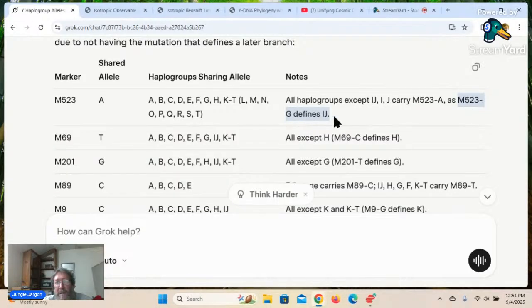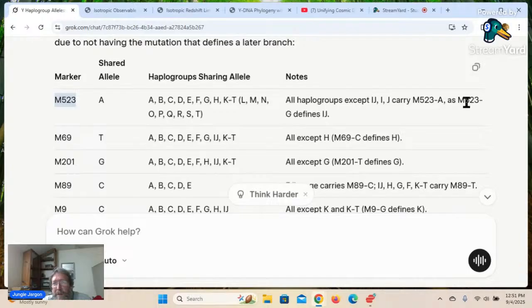G defines IJ. Well, what about K? I thought K had it too. So it's the IJ. Well, I guess it's just considering only IJ as opposed to everyone else.